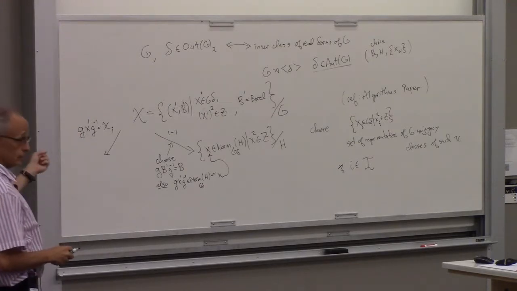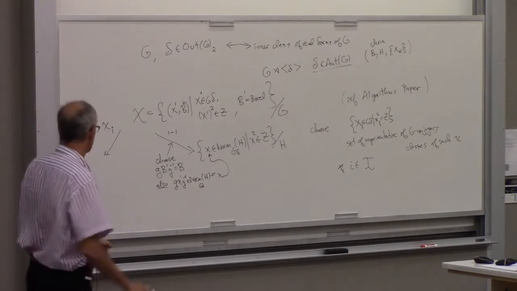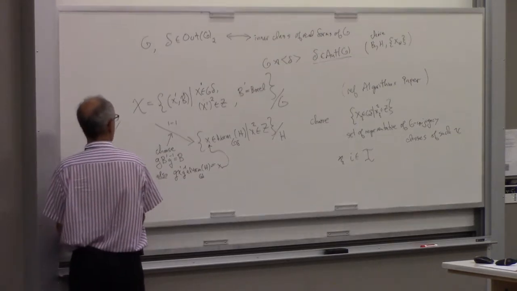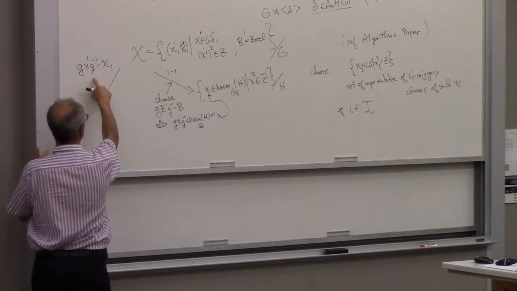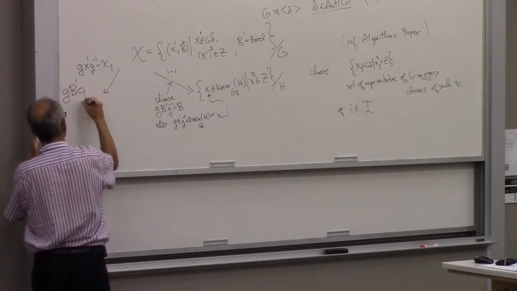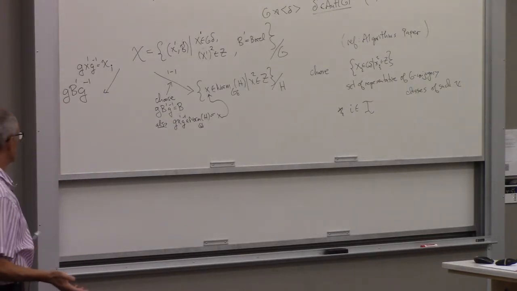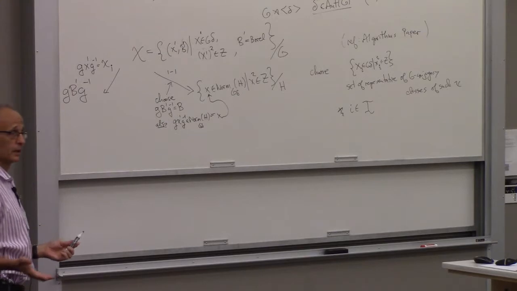So choose such a g and apply it to b prime. That's a new Borel, and it's well defined up to what?